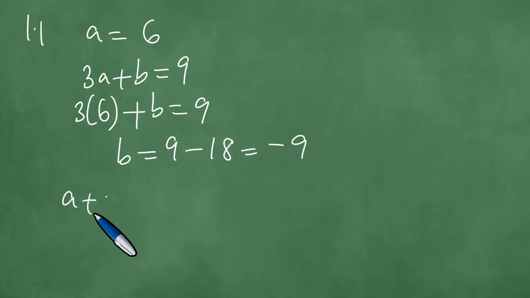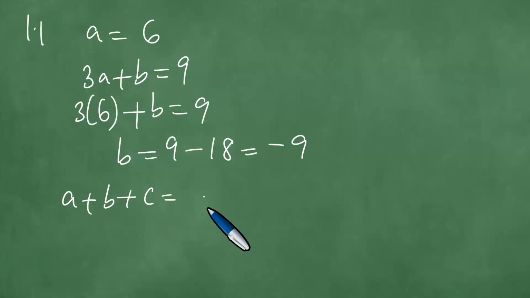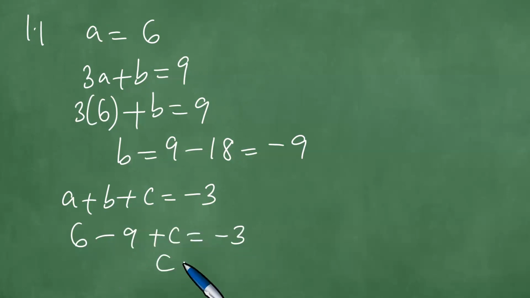The next thing we do is a plus b plus c equals the first term, minus 3. So a is 6, b is minus 9, and c is minus 3. And 6 minus 9 is minus 3, and you bring minus 3 across, and that makes c equal to 0.